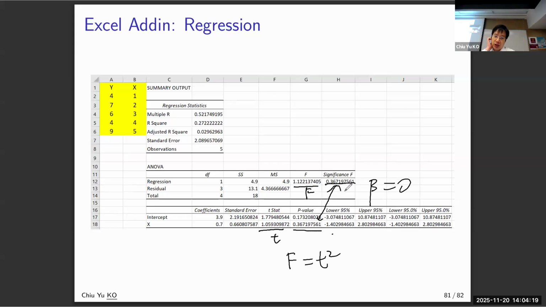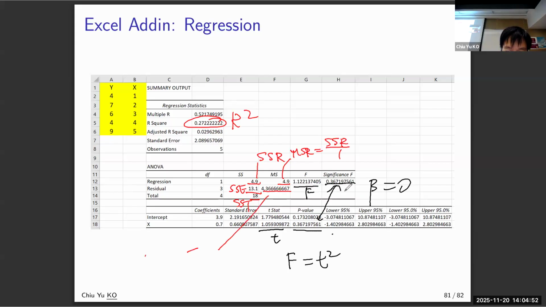That you can easily check they're related. Okay. And just to remind you, this is R square. Okay. And this is SSR, this is SSE, and this is SST, and this is what? This is SSR, MSR, which is SSR over 1, and this is what?